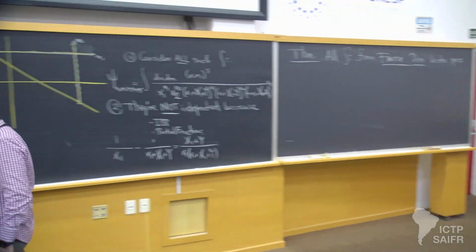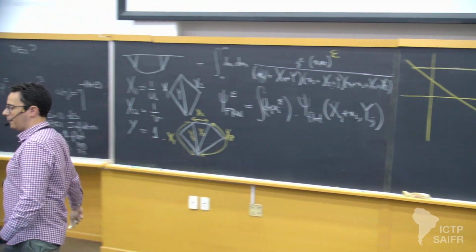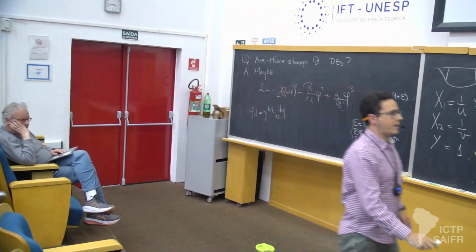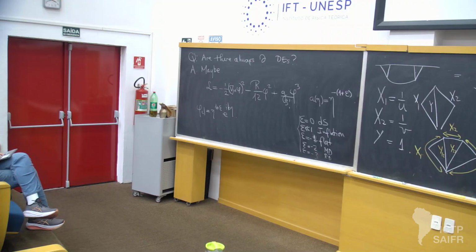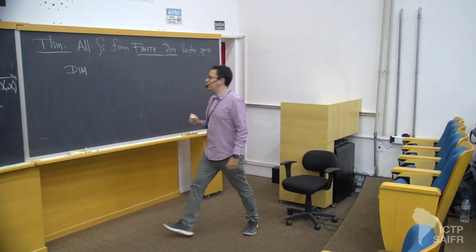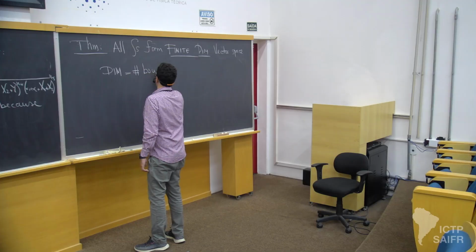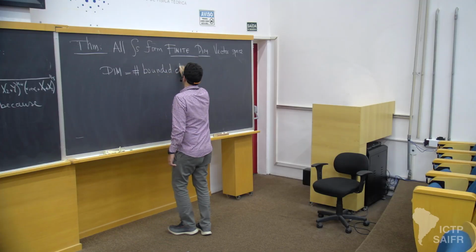So now, okay, that's good. So you had one problem. Now you traded for infinitely many. Now you go back to finitely many. So that's the first part. The dimension, and that's kind of mind-blowing, is the number of bounded chambers.